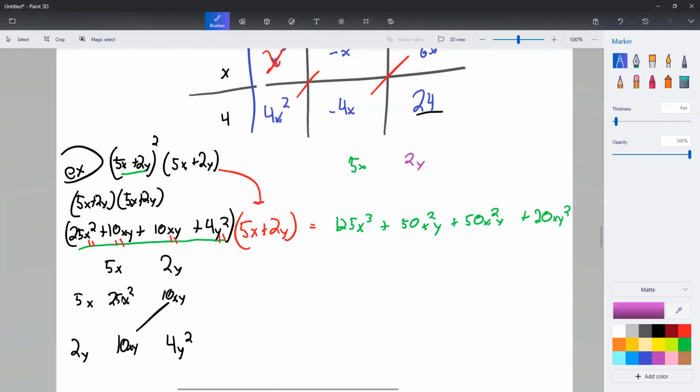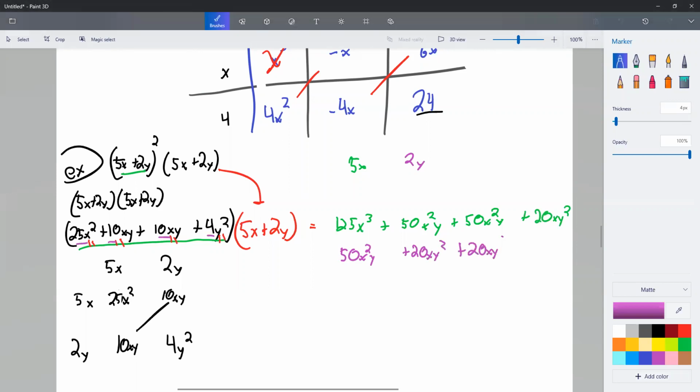So now multiplying all four of these terms by 2y, we're going to get 50x squared y plus 20xy squared plus another 20xy squared plus 8y cubed. Okay, so now we just need to go through and find the like terms and slot those together. There's only one x cubed, so that's all by itself.